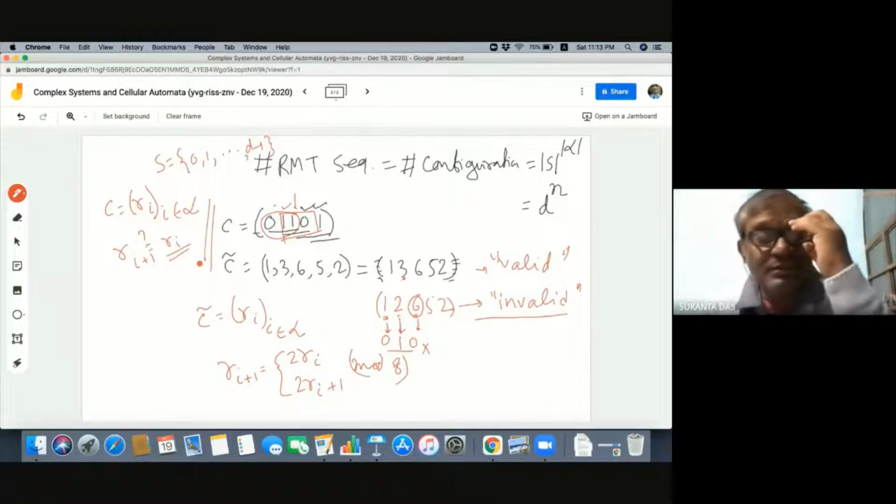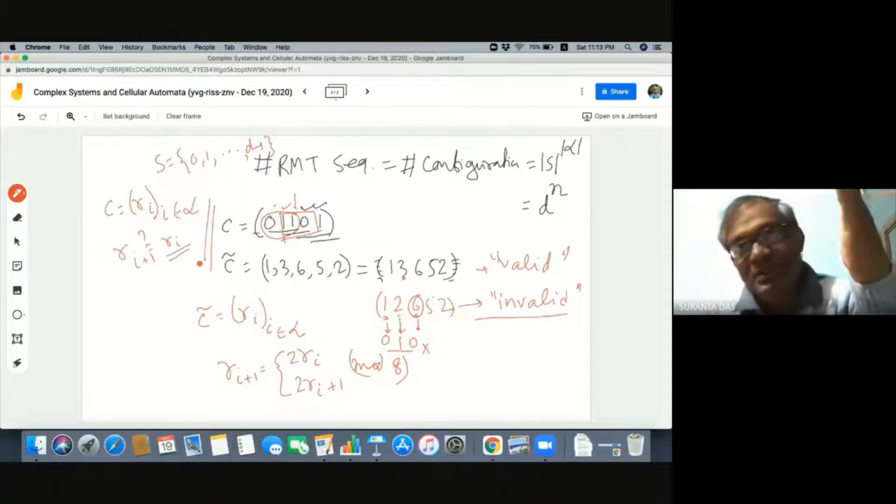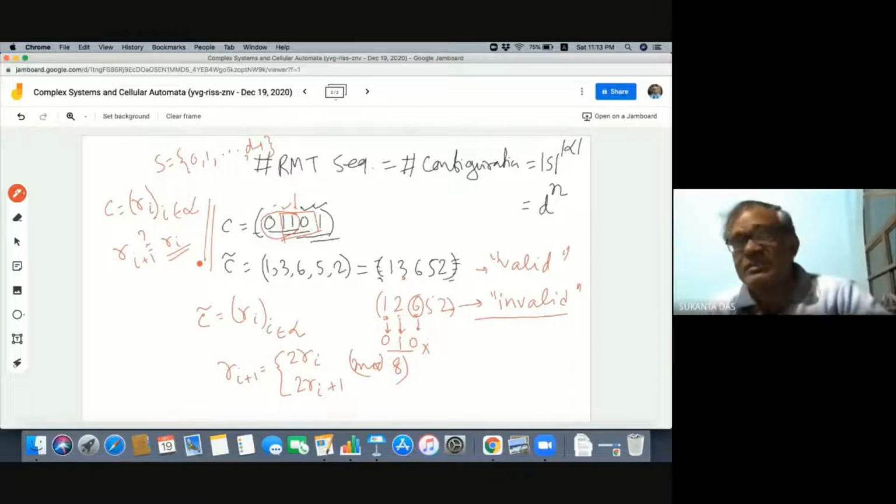Anyway, in my discussion, we shall concentrate primarily on binary CA and in particular non-uniform ECA. Why is it so? Because reachability, which we are going to discuss and define, is only for non-uniform ECA. Although reachability can be developed for any kind of CA, any kind of non-uniform CA, here we shall discuss only this CA.